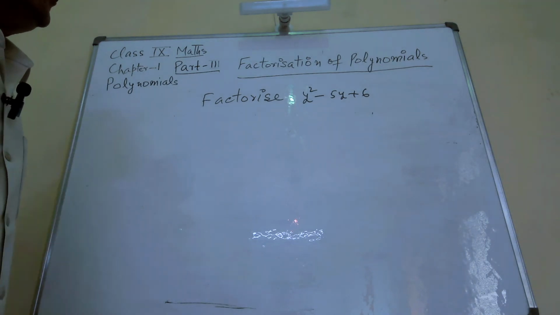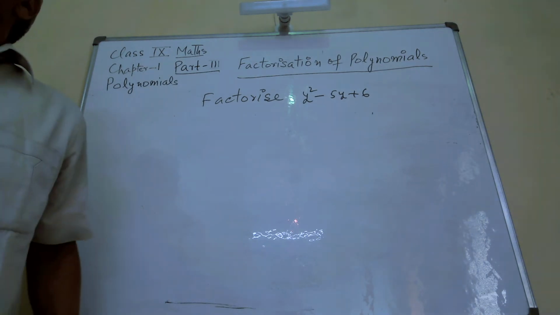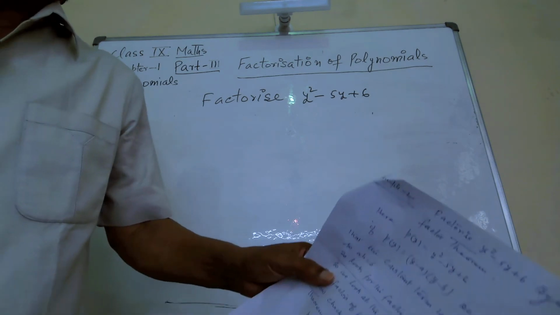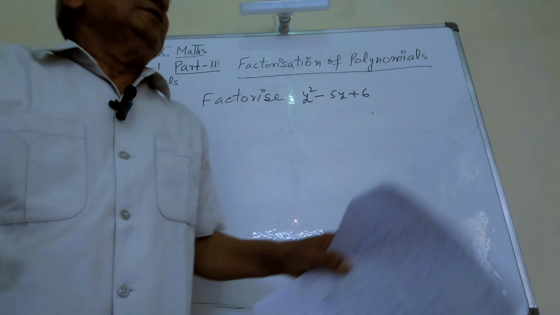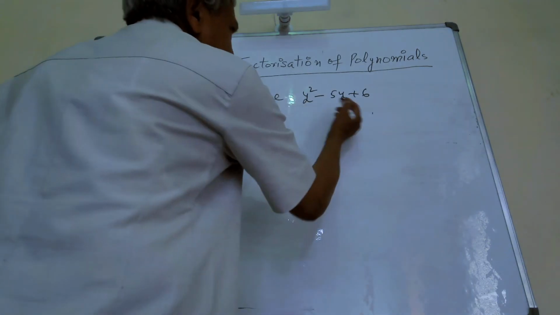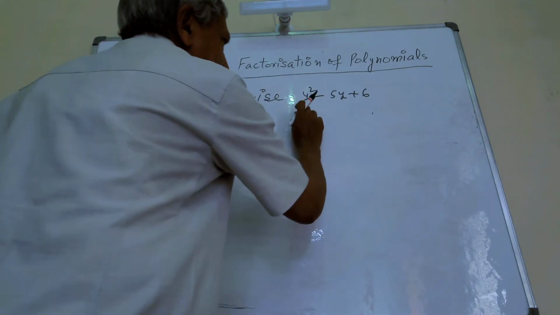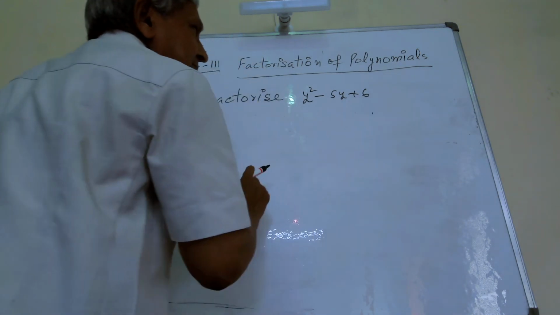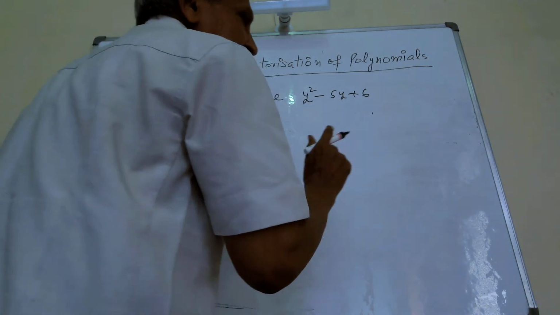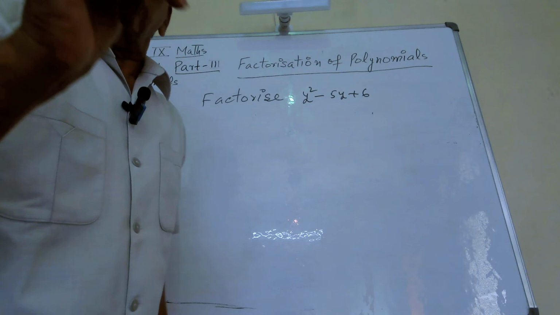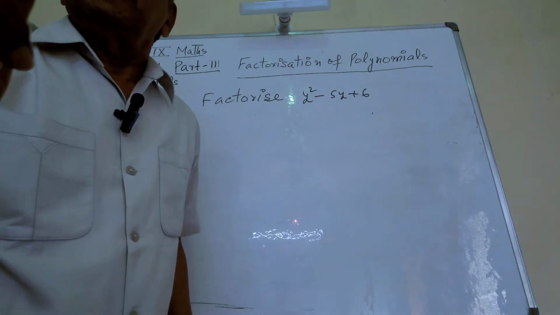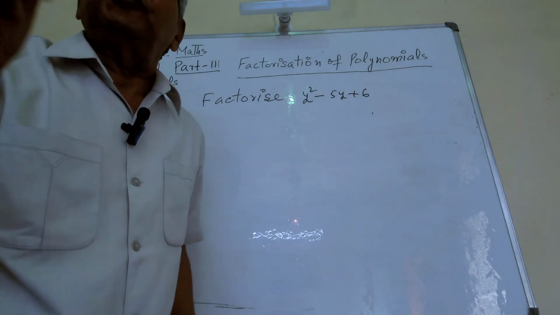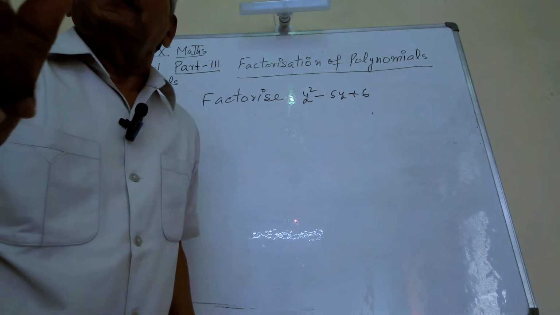because today we are using the factor theorem, and we are taking the help of the remainder theorem also. This is a quadratic polynomial. One thing I want to tell you here: a quadratic polynomial can have 2 factors, a cubic polynomial can have 3 factors.